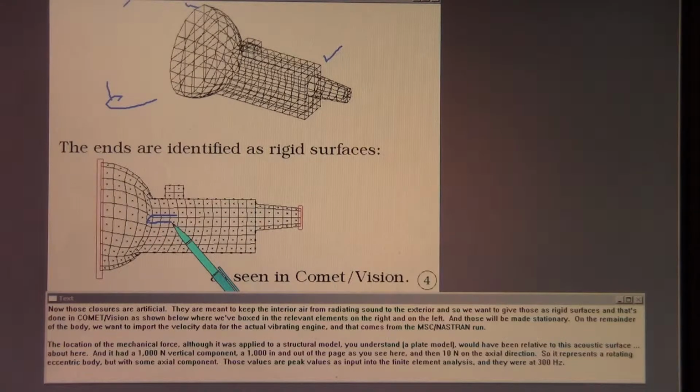So it represents a rotating eccentric body, but with some axial component. Those values are peak values as input into the finite element analysis, and they were at 300 Hertz.